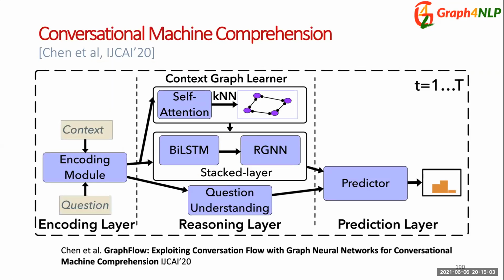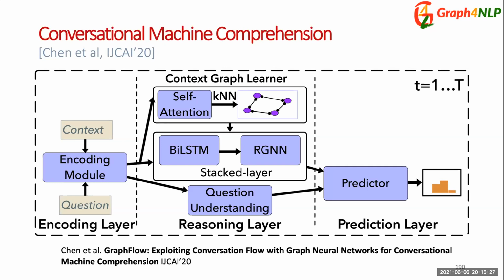In order to do this, it uses a framework that contains three layers: an encoding layer, a reasoning layer, and a prediction layer. For the encoding layer, it uses a BiLSTM to encode a question and another BiLSTM to encode the context for each conversation turn.